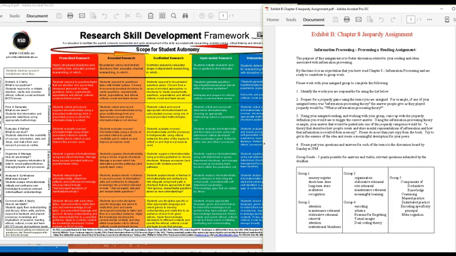I'll take a look at my second assignment, Chapter 8 Jeopardy, Exhibit B, and examine it for the types of tasks I'm asking students to do. In this case, I'm asking them to identify terms from the text, and I can align that with Embark and Clarify. I'm asking them to prepare definitions for Jeopardy, and I can align that with Find and Generate.